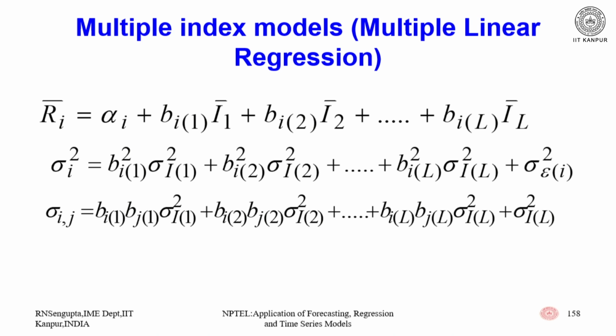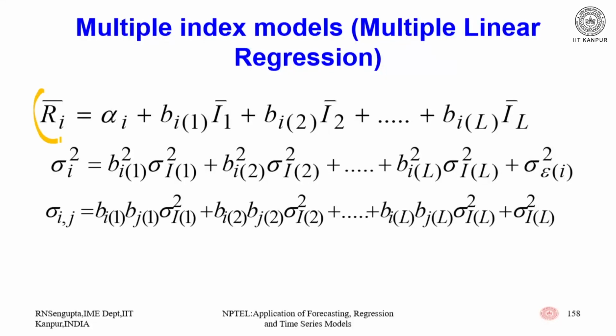Point 1: when I need to find the expected value of the return of a particular stock, or the expected value of y when it depends on more than one x, I take the expected value on the left-hand side, which I am marking r bar i.